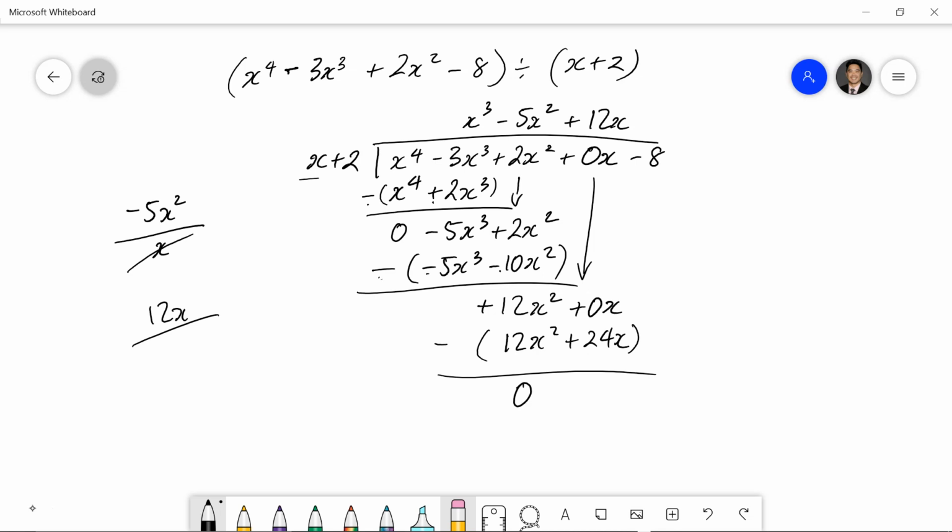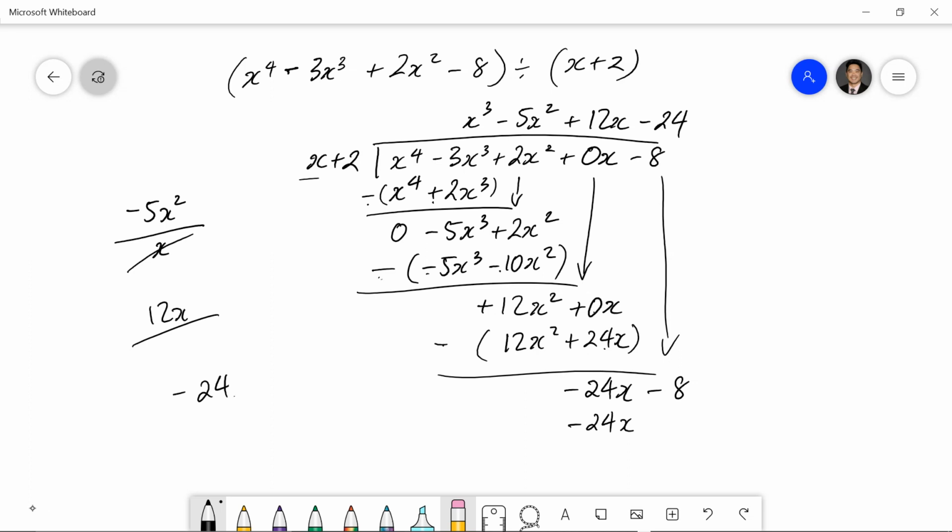That becomes a 0. 0 minus 24x is minus 24x. Okay, and then we are going to bring down the minus 8. Do the same thing. This is probably the last round. Minus 24x divided by x is going to be minus 24. And re-multiply, we get minus 24x.